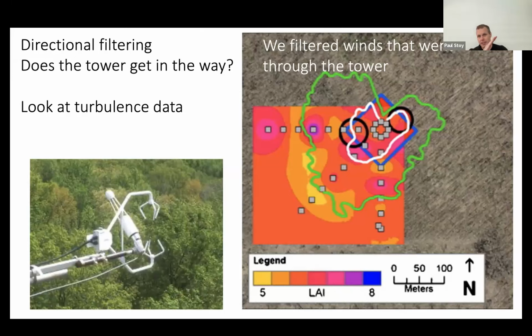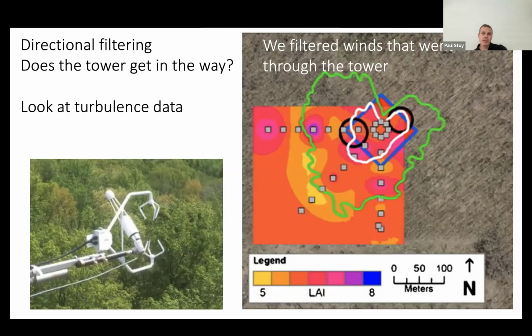That is doing something different from the air parcels that are not traveling through the tower to your system. So you may need to apply something like a directional filter on your fluxes and say, okay, if it's coming from these angles, we're going to go ahead and say that those eddies were manipulated by the tower as much as they were by the ecosystem. We can't calculate trustworthy flux data from them.